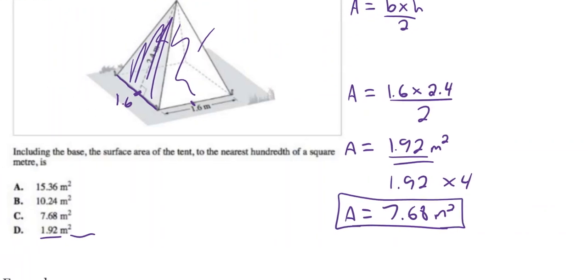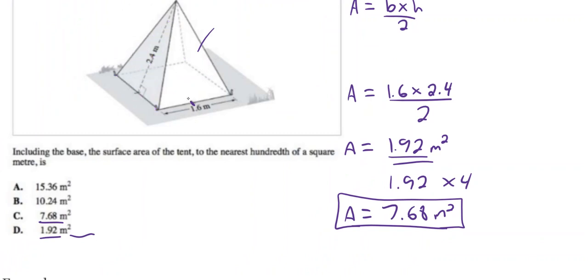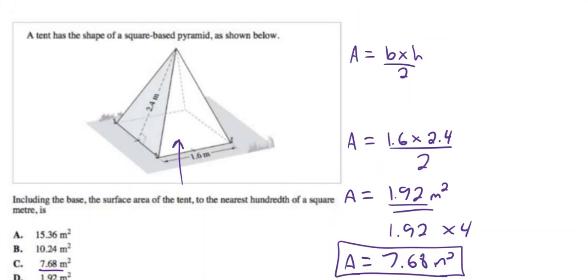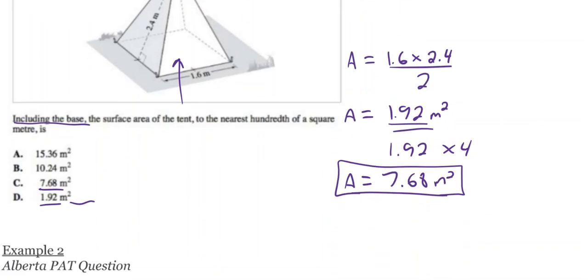And then again, you might say, hey, perfect, 7.68. Again, we're not done. We need to find the bottom of our shape, which is just a square, because it said a tent has the shape, and it says including the base. So we have to include the bottom as well. So that is just going to be 1.6 times 1.6, right? Just length times width to get the area of a square, which is also 1.6 squared, by the way.